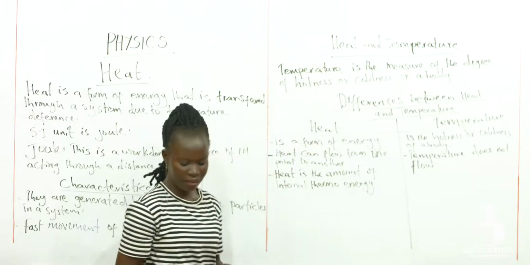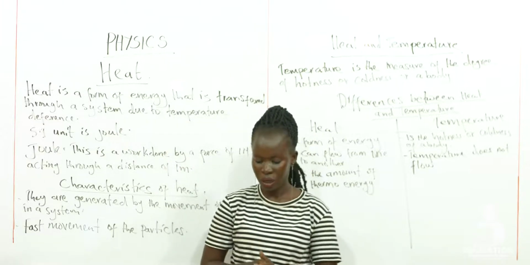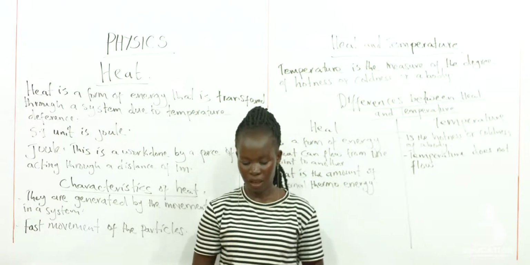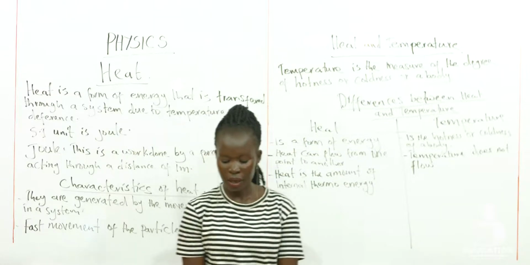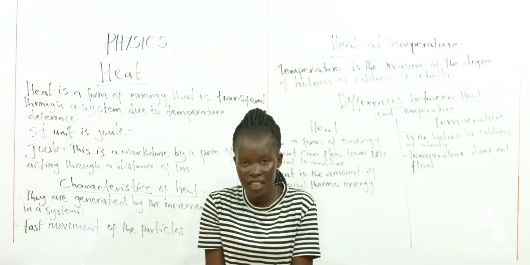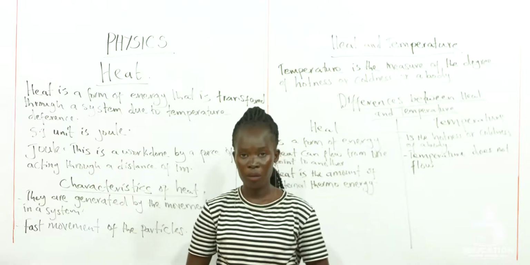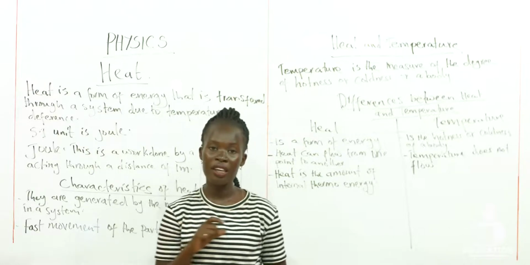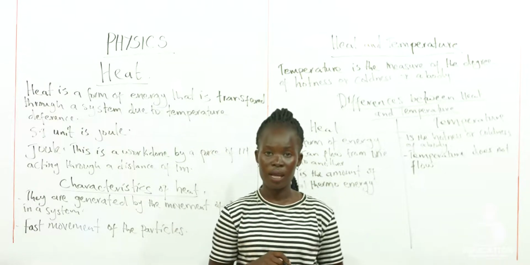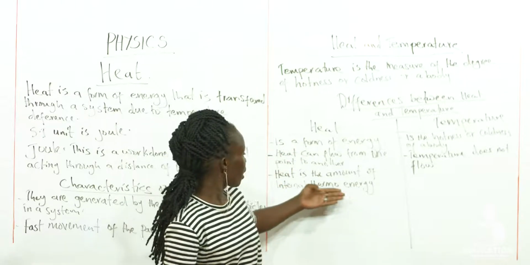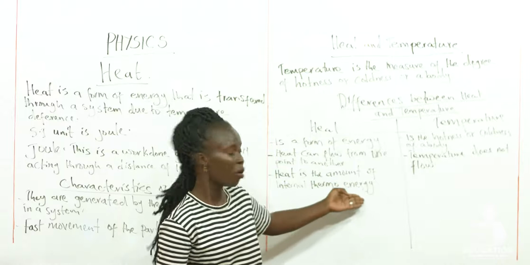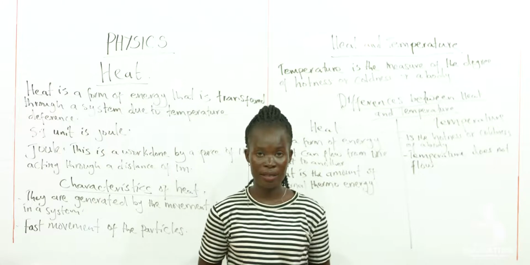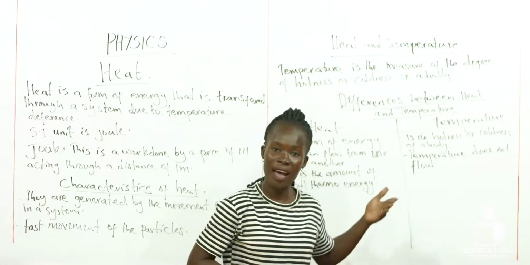So if heat is the amount of this internal thermal energy, what about the temperature? What can we talk about this temperature? We say that temperature is the average kinetic energy of the molecules. We are talking about average here. Average does not mean the total. That means when they are saying heat is the amount of internal thermal energy, the whole energy the body contains is what is known as the heat.